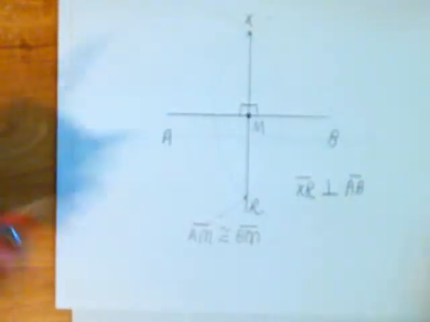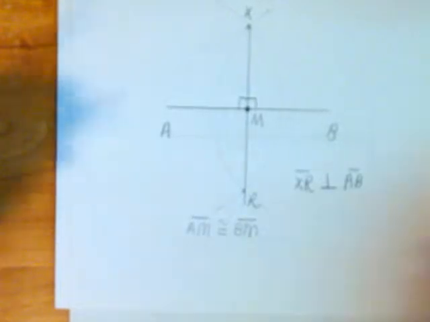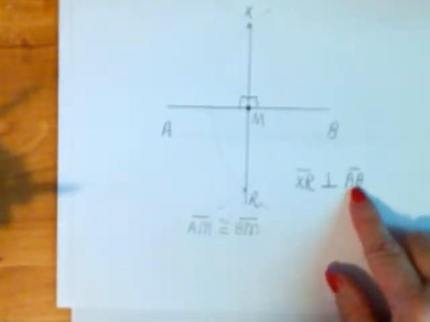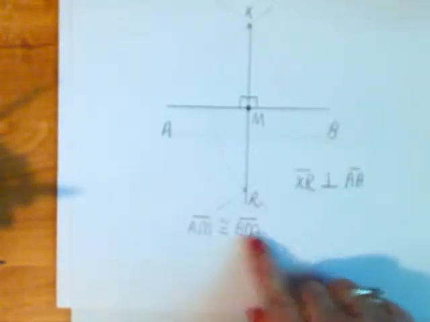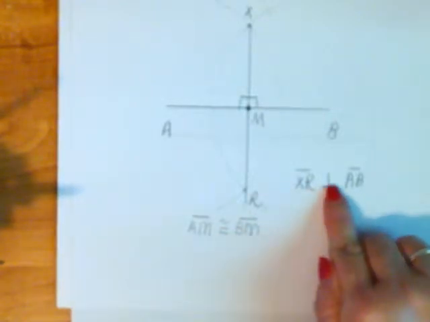Not only is it perpendicular, but AM is congruent to BM, so it's a perpendicular bisector.